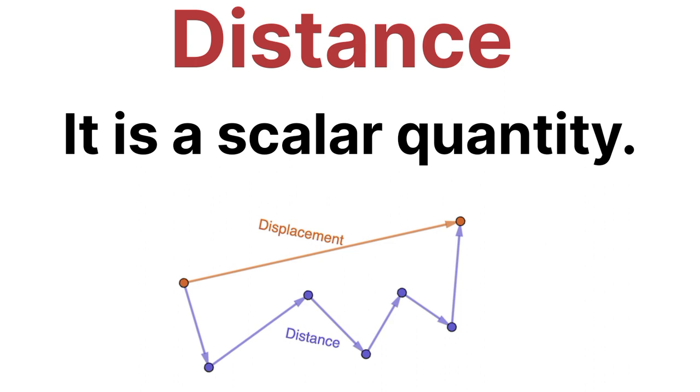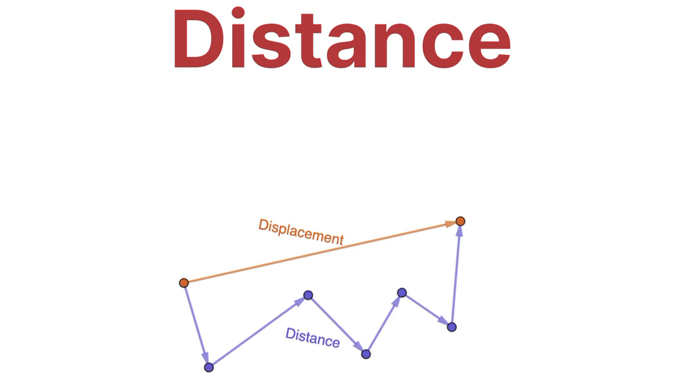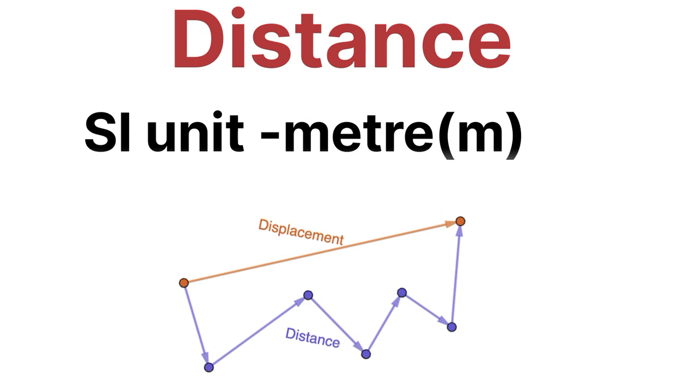Okay, so this is why it is a scalar quantity, and distance is always positive. The measured value of distance will always be positive, and the SI unit of distance is nothing but meter. Okay, so this is all about the distance.